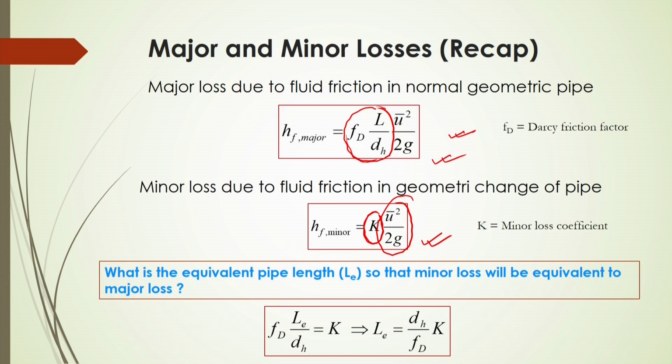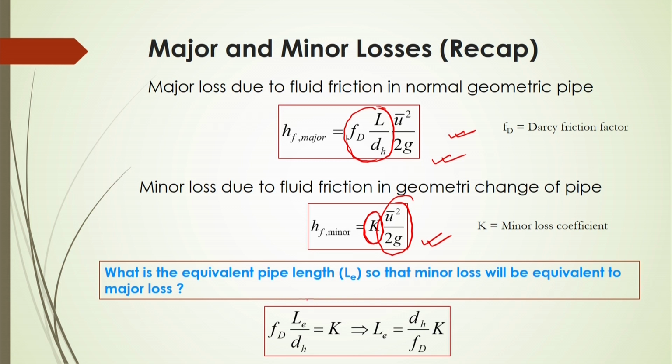Now, if there is a certain flow rate through which the fluid is flowing through the pipe, and this pipe has a certain length, you will see that this minor loss and major loss will be equivalent to each other. So, for what length of pipe will these two losses be equivalent?